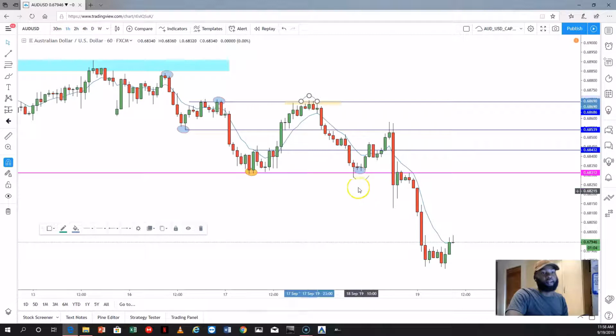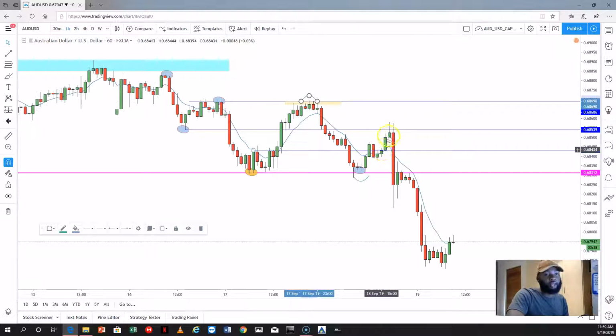0.68312. And then yesterday's setup, I said that I saw this structure and took a long trade to the region here, because this was our most recent swing low before that drop. So I'd marked that out as a potential area for where price could come back.